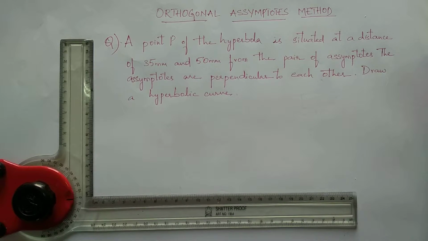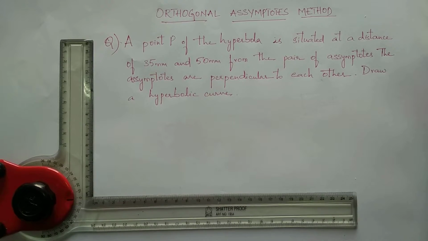In the present video, using these asymptotes as reference, we are going to construct the hyperbolic curve. Now let us go ahead and see that. First, look at the question.